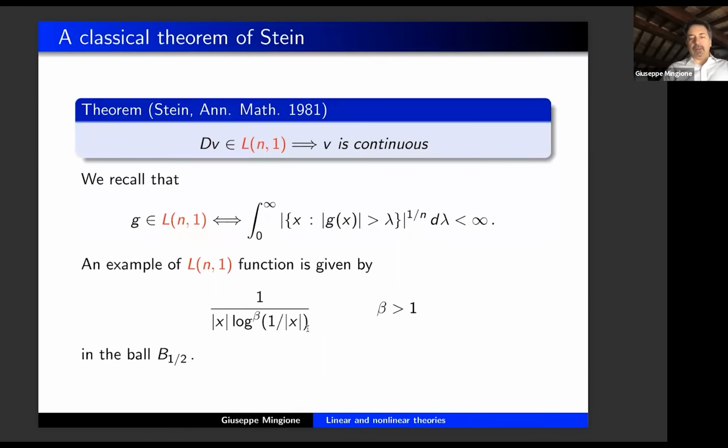Now, a typical example of a Lorentz function is the following one. You take 1 over |x|, which is naturally Marcinkiewicz, weak L^n, and then you correct with the log, which is the first function popping up in your mind to correct this kind of borderline non-integrability issue. It's classical, it's natural, because if you look at this case, when epsilon goes to 0, you get that dV is in L^n, and V is a vanishing mean oscillation function.